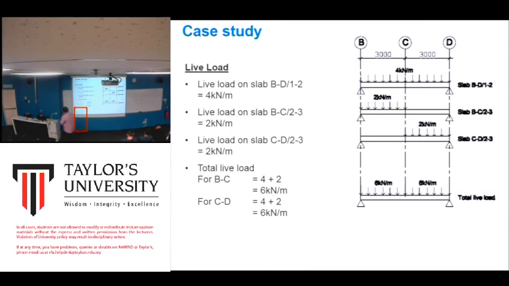The calculation is based on the calculation that you have done for the slab, from the formula that I taught you guys last week. Okay. And you total it up, BC is 6 kilonewton per meter, CD is 6 kilonewton per meter.